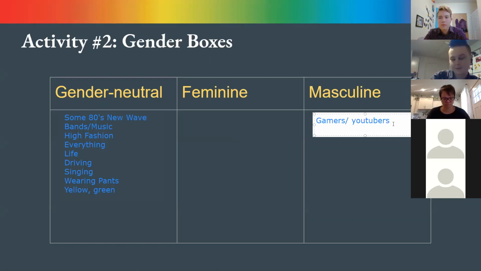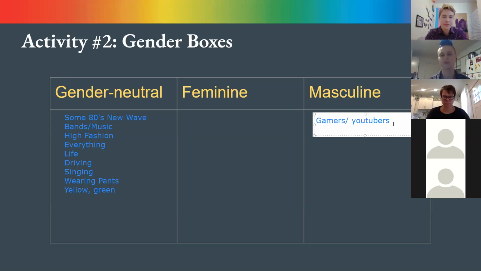Anything else? I know it can be hard and kind of awkward to say, oh, I don't want to prescribe something as masculine, because that's counterproductive to this whole idea of creating a gender inclusive space. But it's important to realize what things we deem as masculine or feminine, to recognize why we think that way, and be introspective about how we can change our ideas.